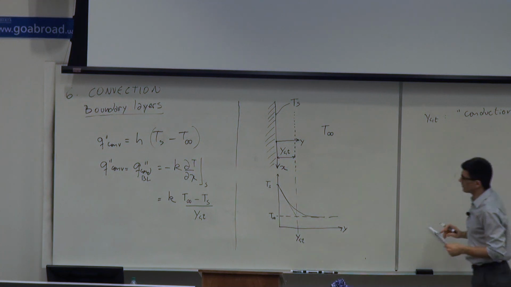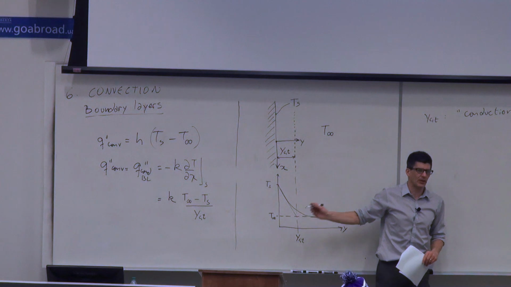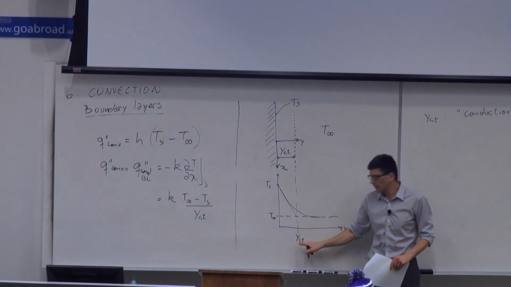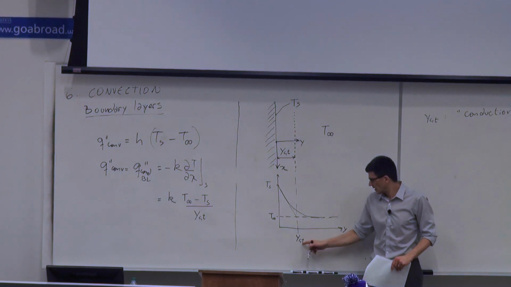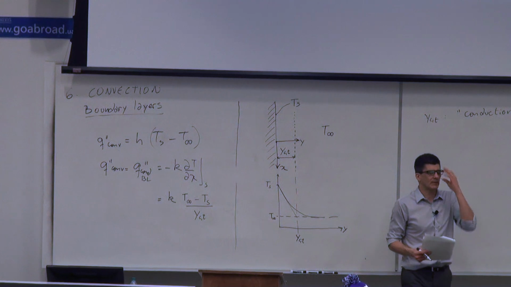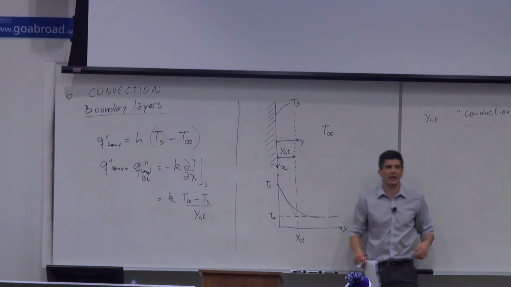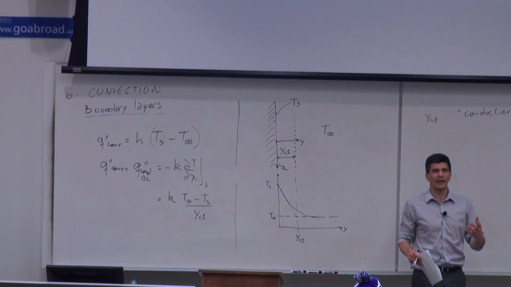And the reason for this funny notation, remember when we had characteristic length, we would call it x_c, or characteristic time, we call it t_c, right? So this is a characteristic length in the y direction. And then we're going to see sometimes the characteristic length can be for temperature. That's why we have a T. Some other times it is for velocities, for the viscous boundary layer.